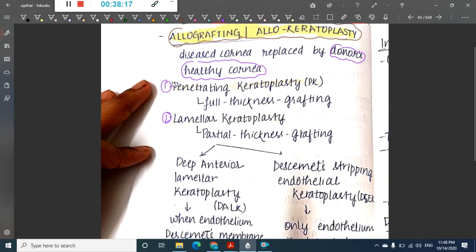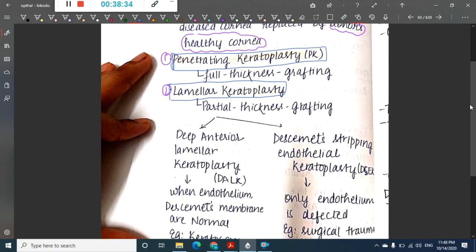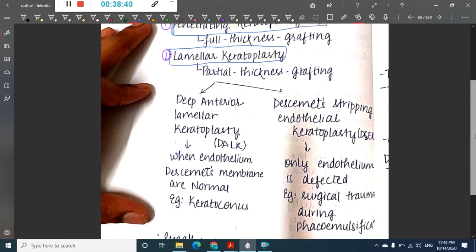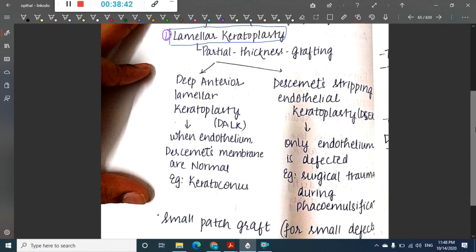The first is penetrating keratoplasty, where a full thickness graft is taken. Second, we have lamellar keratoplasty, where a partial thickness graft is taken.